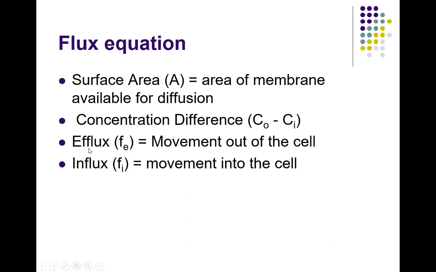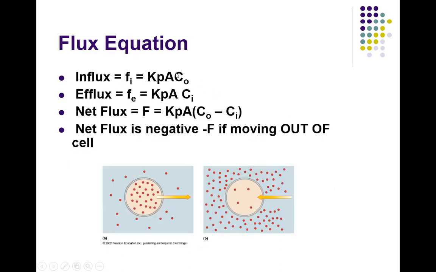We also have efflux and influx. Efflux is the movement out of the cell, so F sub E is what's moving out. The movement into the cell is the influx, F sub I. For influx, we look at the membrane permeability for a particular substance, times the area, times the concentration of what's moving out.